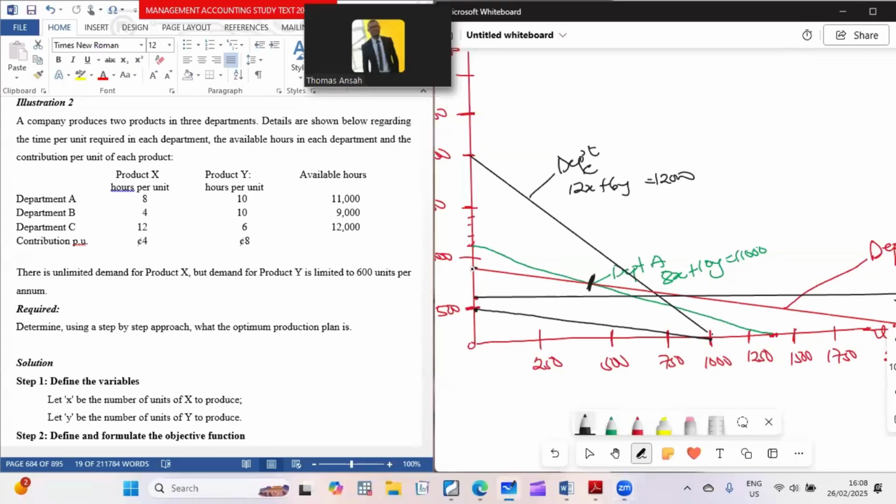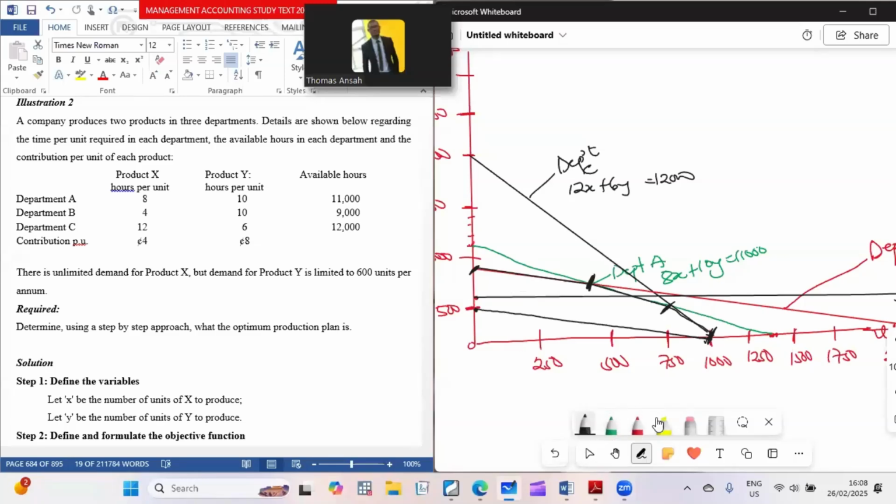It was here, here, to this side, and to this side. So we have this, this, this, and this to be our feasible area.